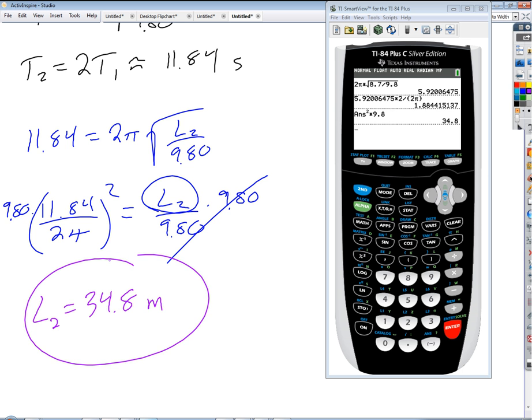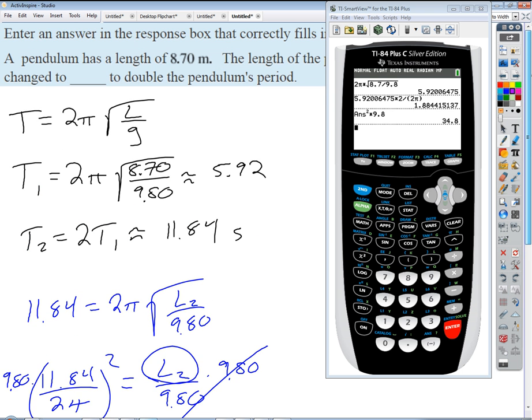Okay, 34.8. How's that related to our original? 4 times bigger, okay? We knew that had to be that way, right? Because would you agree that everything's a constant in this equation except T and L?